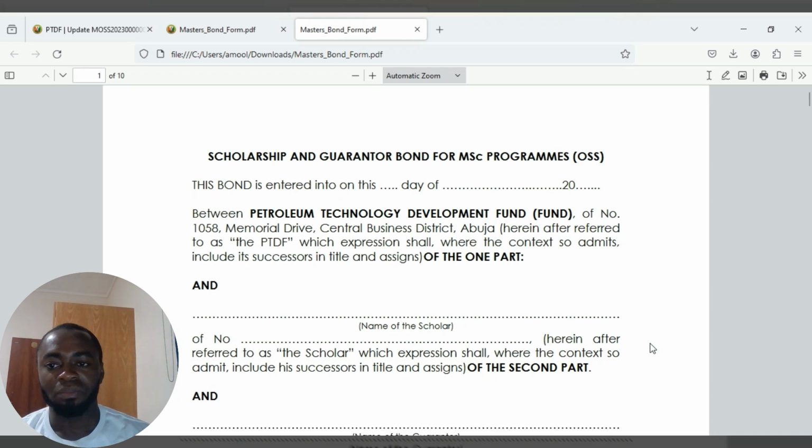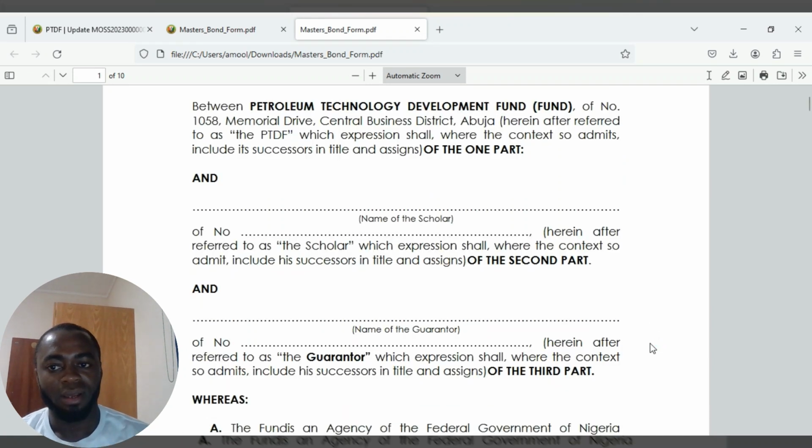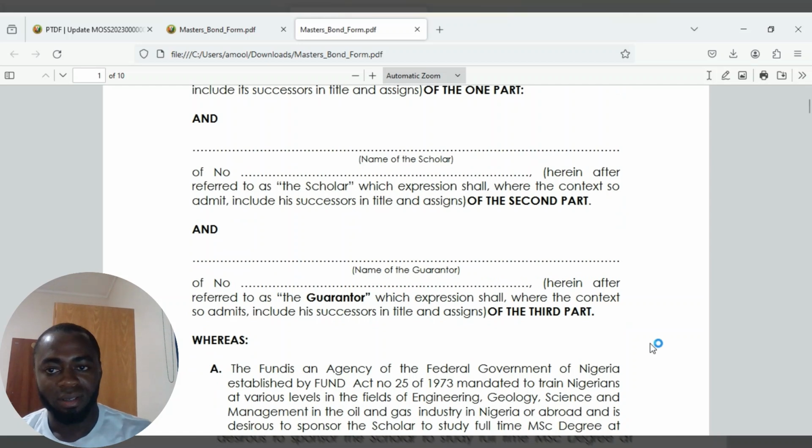So in my own case, I had to spread the four of them all across just to comply with the instruction. On the first page, this bond form is entered into on this day. So you put down the day, the month, and the year. And the first part which is here, you have to put your name. That's the name of the scholar.